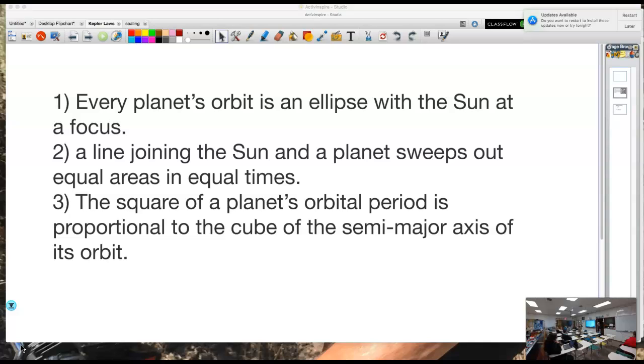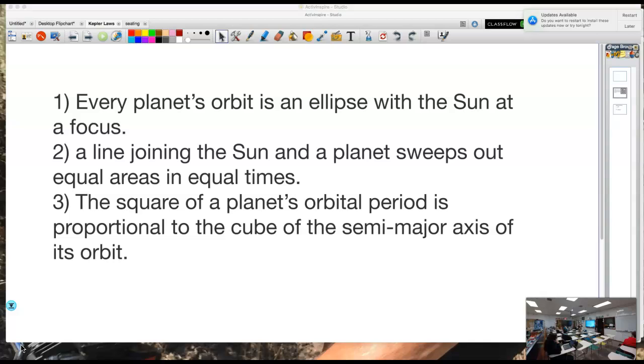What does that mean? Someone tell me. The line goes up, like an imaginary line. Goes up where? To the sun. And from? A line joining the sun and the planets.